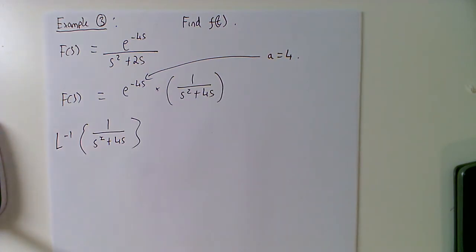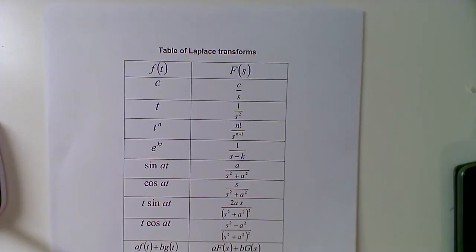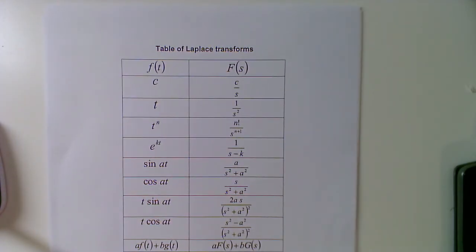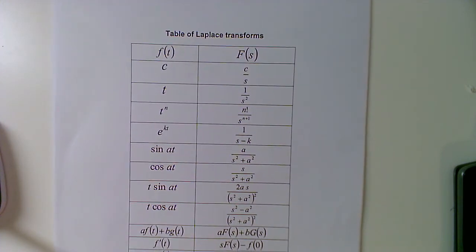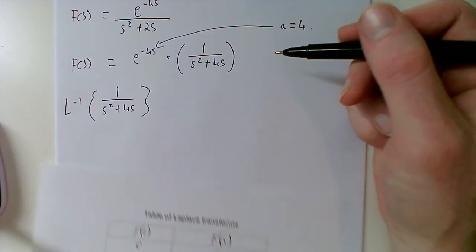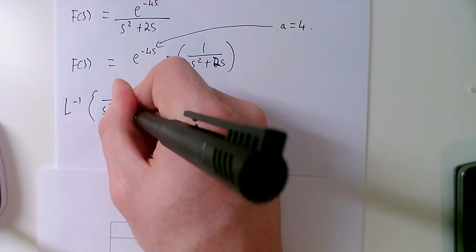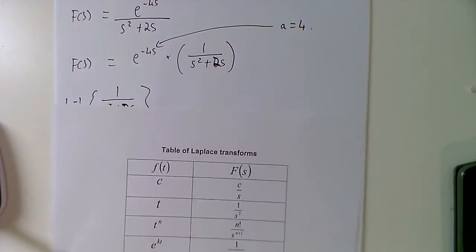So I go to my table of Laplace transforms. Here we go. And remember, you normally always look at the bottom of the function first. I'm looking for s squared take away 2s. Apologies. Right, s squared take away 2s.